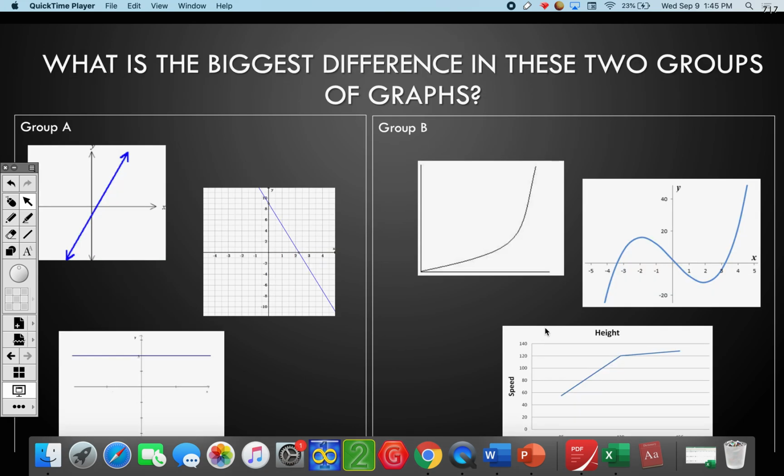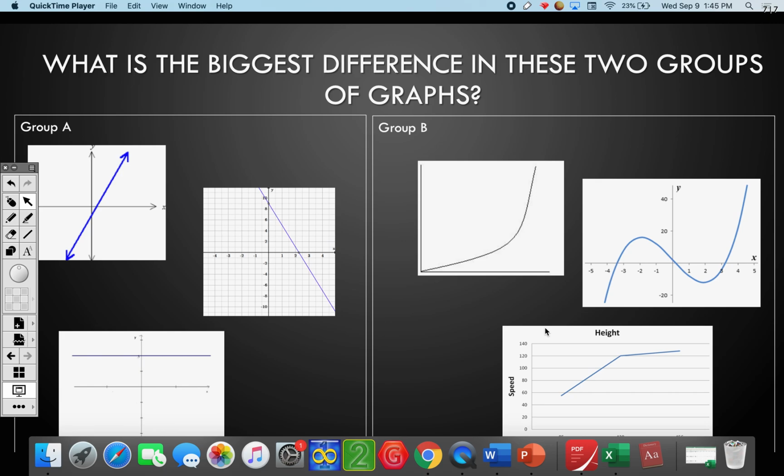So first of all, what is the biggest difference between these two groups of graphs? Well, in group A, you should be able to notice that they are all straight lines, and in group B, they are all non-linear. So this is the first way that we can describe a line.